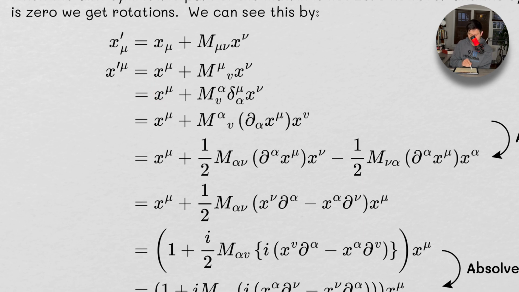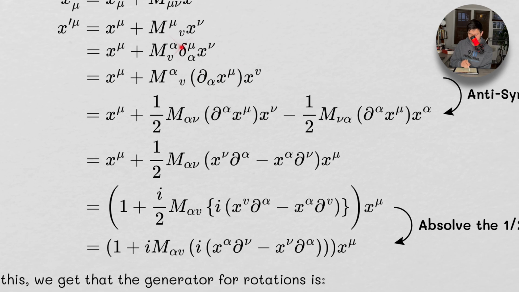And so from here to here, we can sum over alpha, right? And then we replace this guy here. So we're really just inserting and adding a new index.